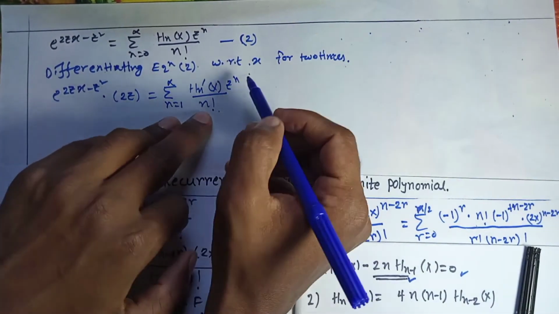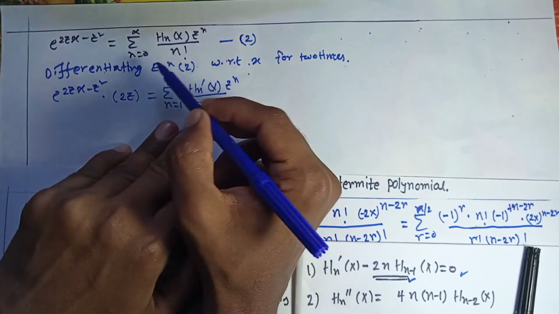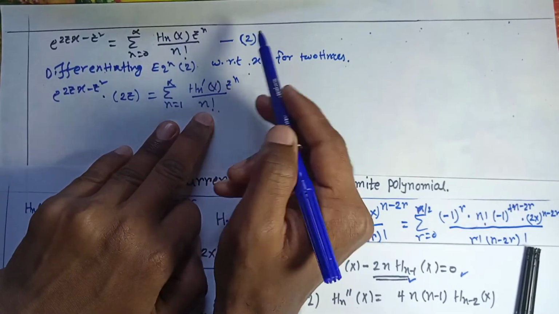Here z to the power n is constant because we differentiate with respect to x.